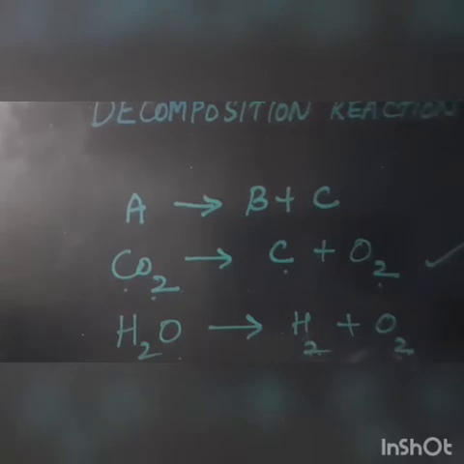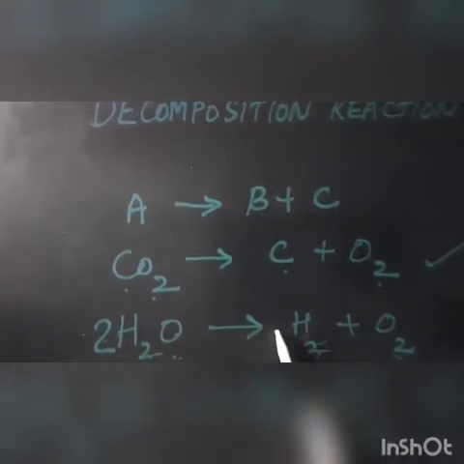So in order to balance the equation, I'll put a 2 here. So this becomes oxygen 2. But hydrogen increased. Hydrogen is 2 into 2, 4 atoms here. Here it is 2 only. So in order to make this 4, I will put a 2 here. So this is also a balanced equation.